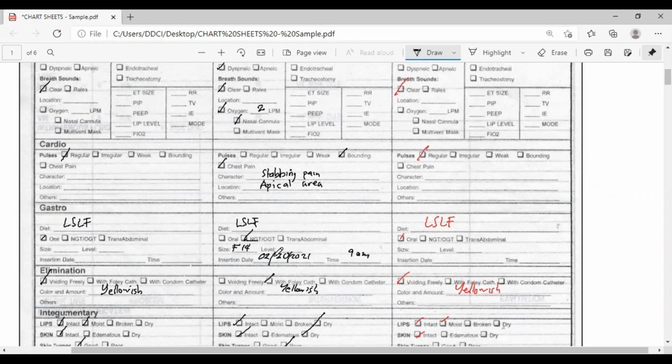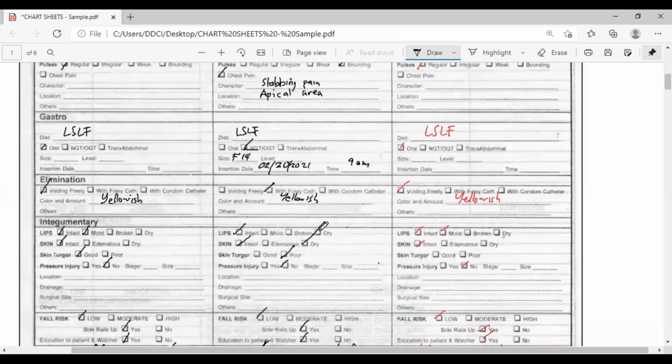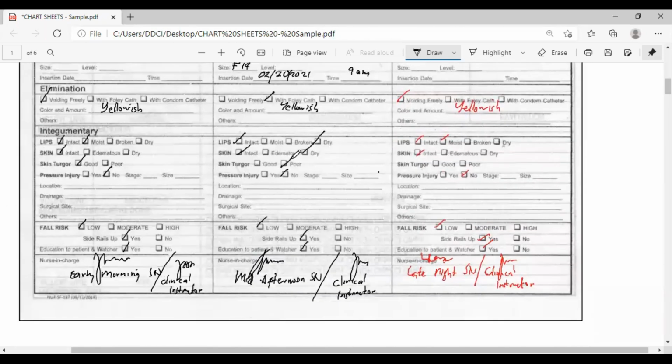If the patient has an NGT, write the size, French 14. Then you have the insertion date, February 20, 2021, time 9 a.m. If with Foley catheter, you check with Foley catheter, yellowish, then integumentary. Same process, you have to sign and let your clinical instructor countersign.